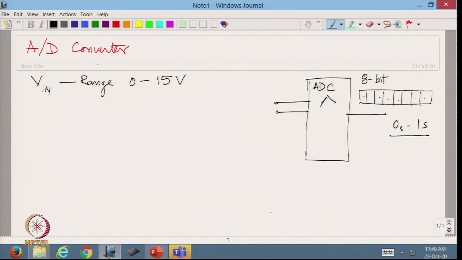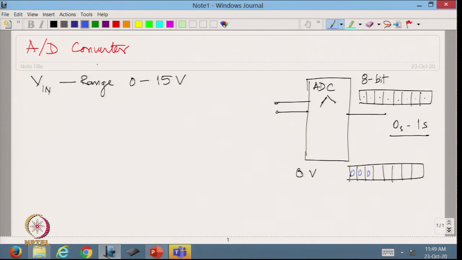And what the A to D converter does is that when the input signal is 0 volts, for an 8-bit converter, all these digits will take the value of 0.